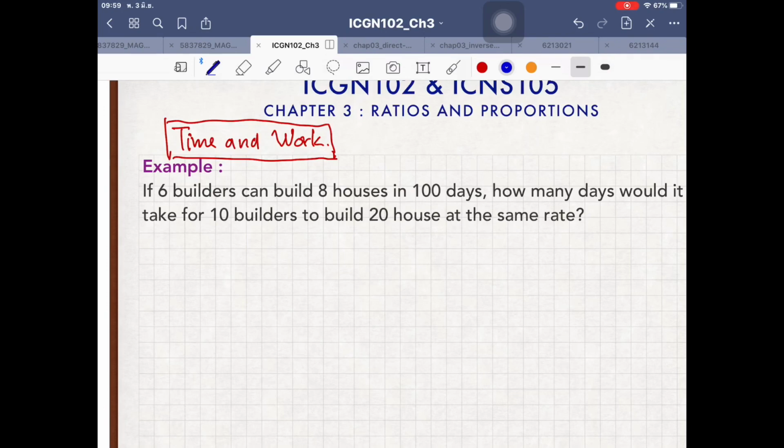So here 6 builders will be the number of men, or the number of workers. So first thing is we let M be the number of workers.